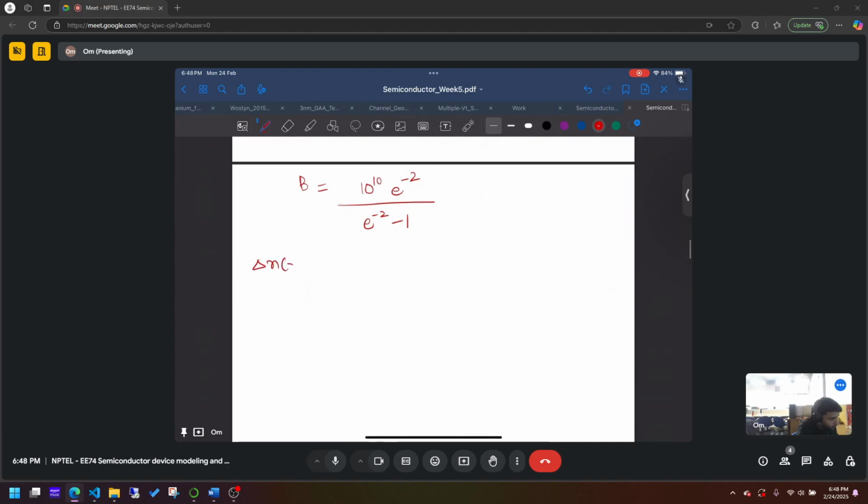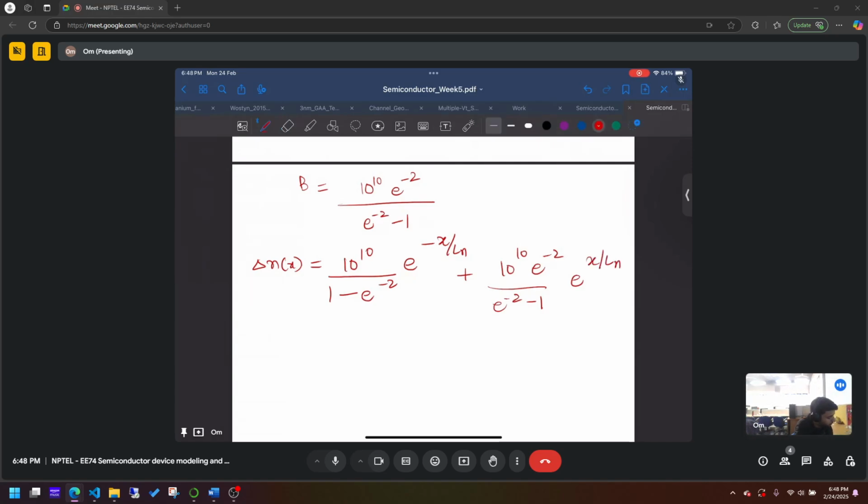So finally, if I put the values of a and b in equation 1, delta n of x is 10 to the power 10 upon 1 minus e to the power minus 2, times e to the power minus x upon Ln, plus 10 to the power 10 e to the power minus 2 upon e to the power minus 2 minus 1, times e to the power plus x upon Ln.